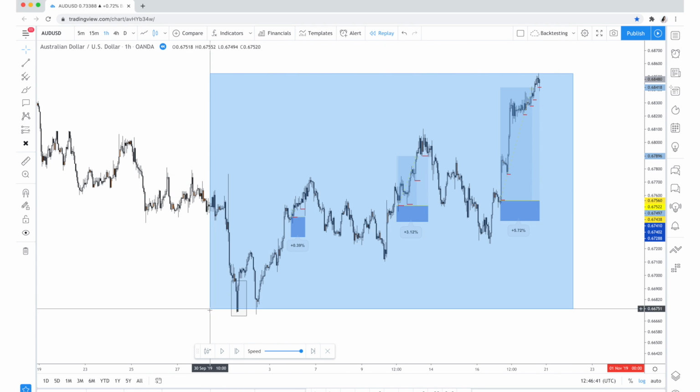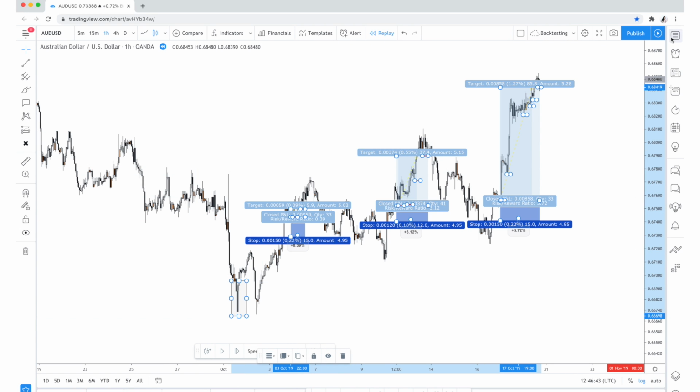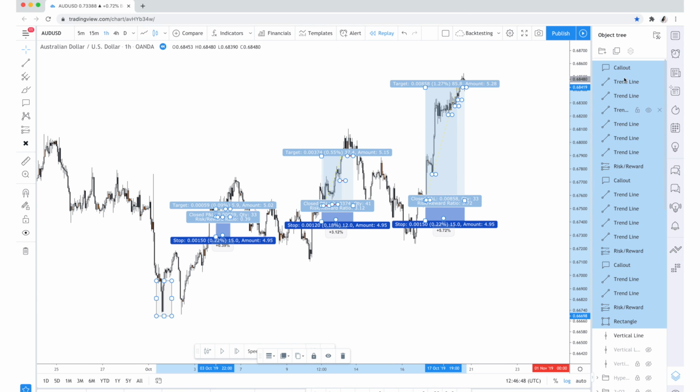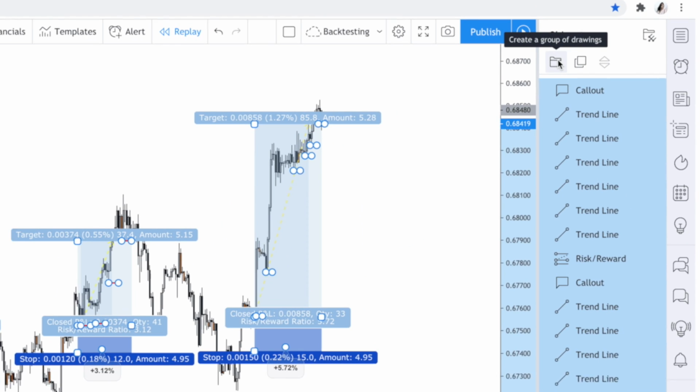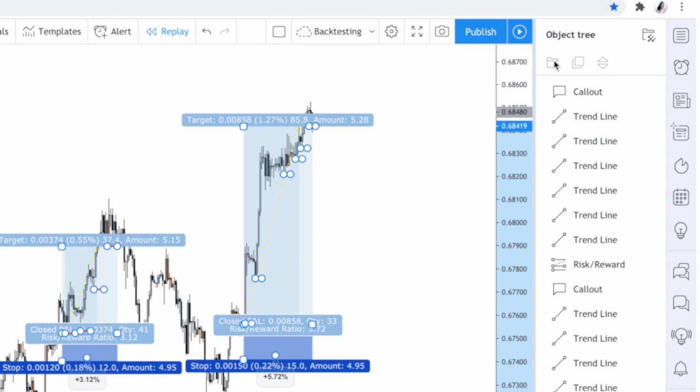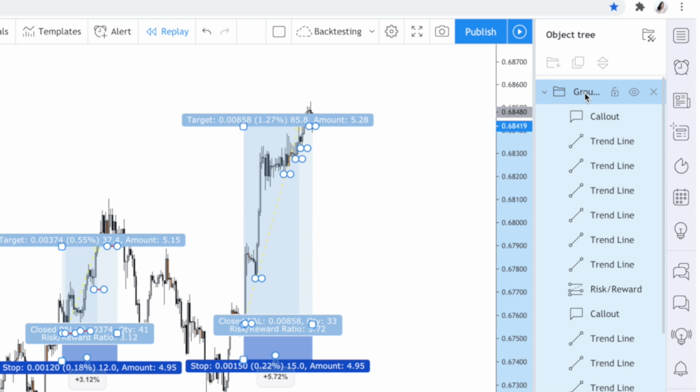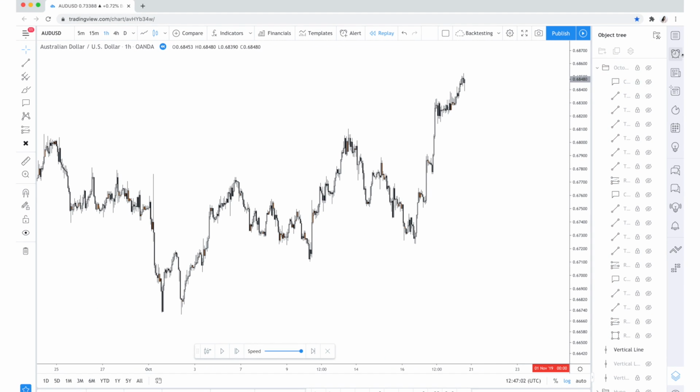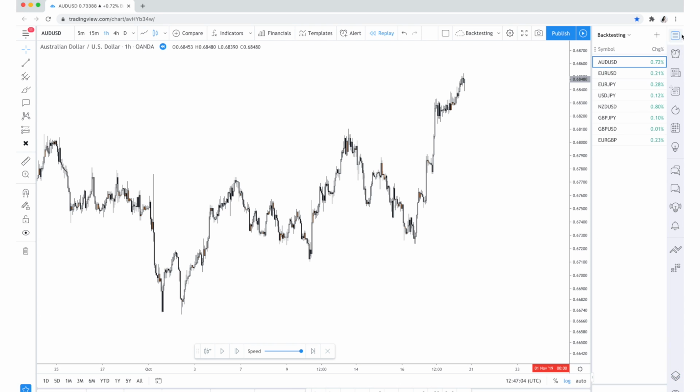And I'm just going to drag across all of this that I've done today. Click on my object tree down here. And I'm going to click on the new, create a group of drawings, and we're going to call this, what is this? October 2019. We're going to lock it and we're going to hide it. We can toggle this down, and there we go.